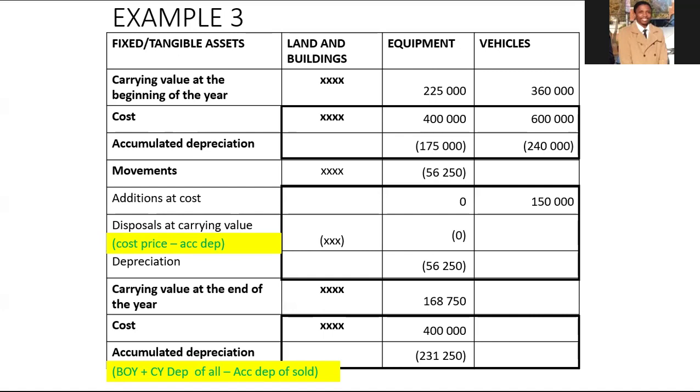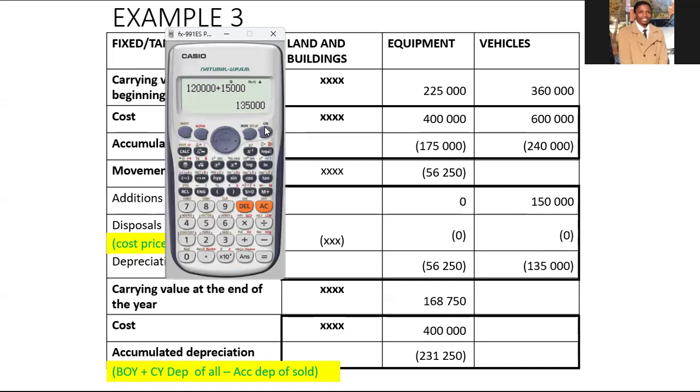There is no vehicle that was sold, but we do have depreciation on vehicles, which amounted to 135, which was the 120 of old vehicles of the 600,000 and the 15,000 of the new, which is this 150,000, because it was used for only 6 months. Your net movement will be that 150,000, because the depreciation reduces the value of your vehicles. We are going to subtract 135,000. It gives us 15,000, which is your net movement.